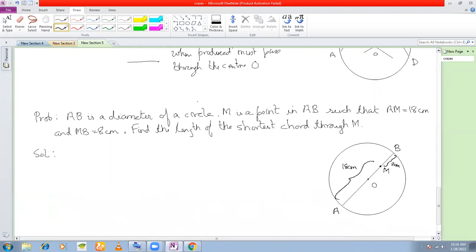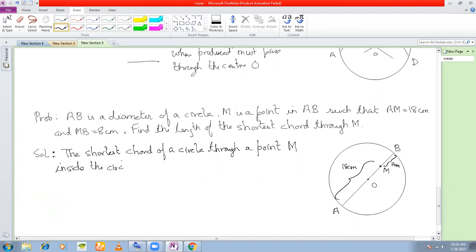What do you mean by shortest chord? Remember that the shortest chord of a circle through a point M inside the circle is such that the chord is perpendicular to the diameter.